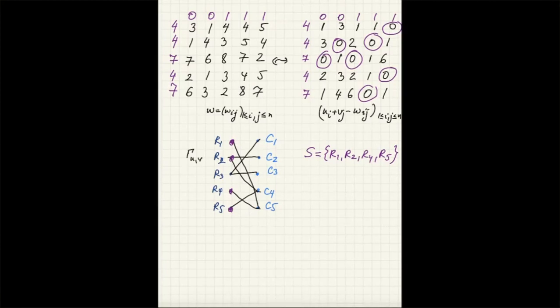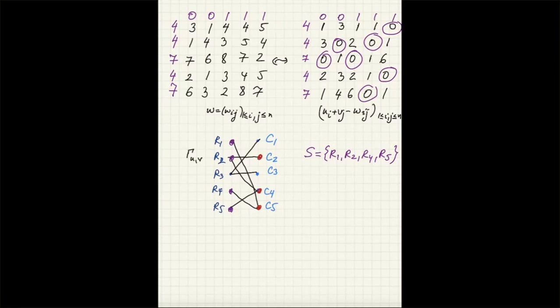R1 is going to give us C5, R2 will give us C2 and C4. R4 gives us C5 again, and R5 gives us C4 again.